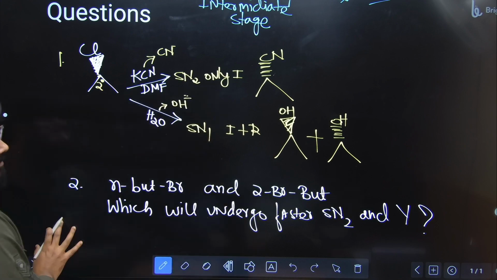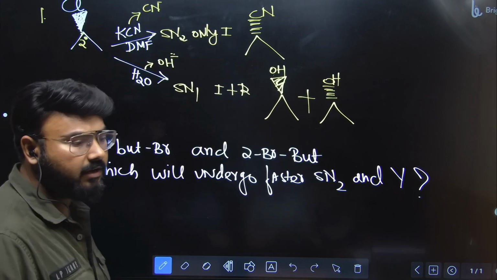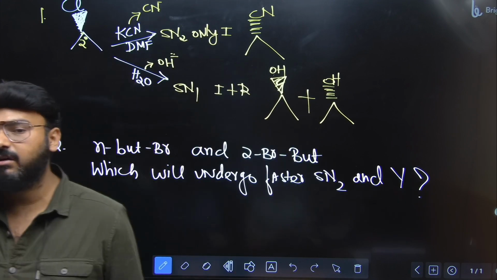So guys, 1-bromobutane versus 2-bromobutane, who will give the fastest SN2?